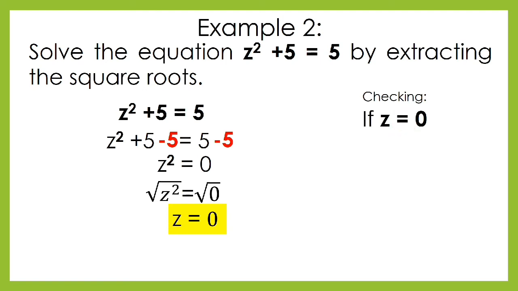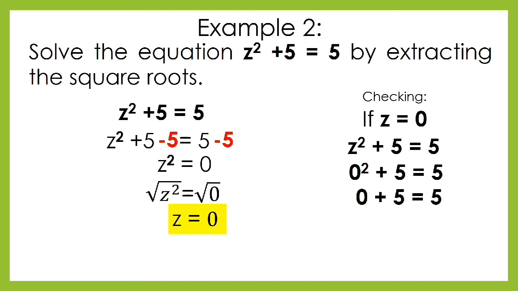We will substitute 0 to the original equation. z squared plus 5 equals 5. We now have z is 0. So we have 0 squared plus 5 equals 5. And then we simplify. 0 squared is 0, plus 5 equals 5.